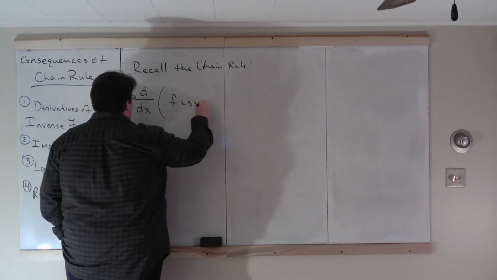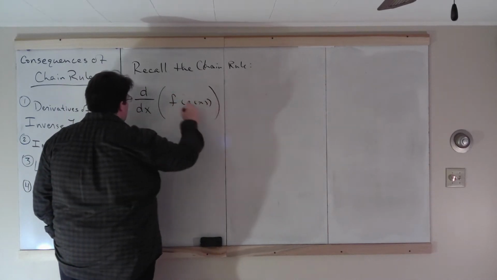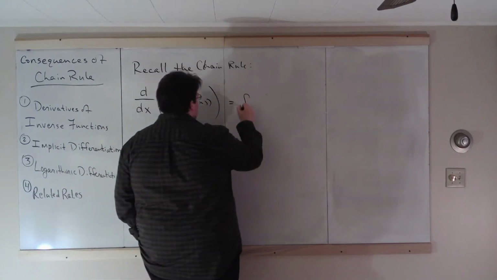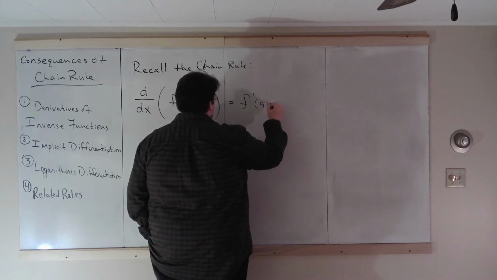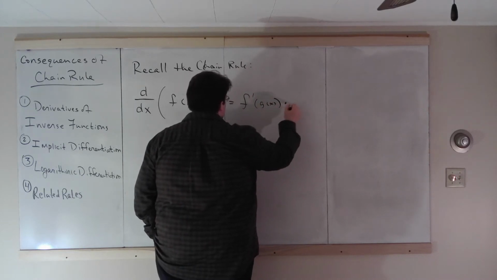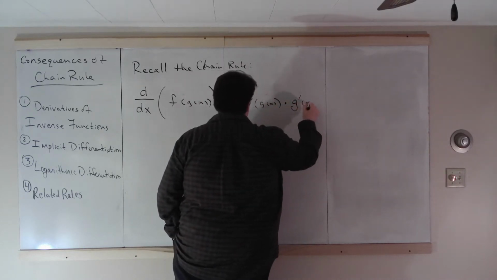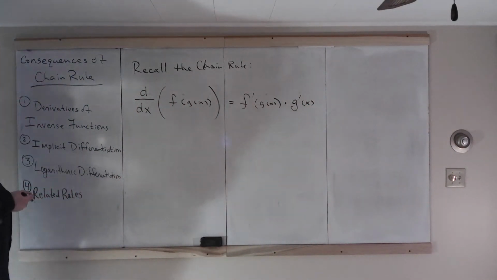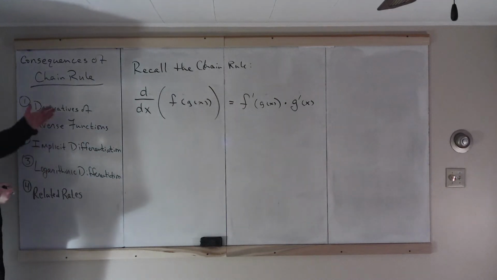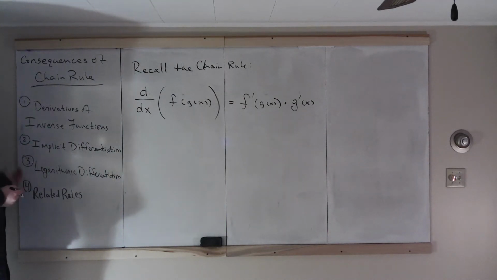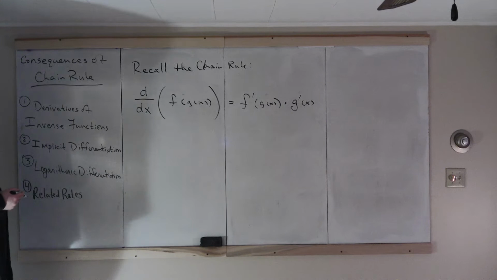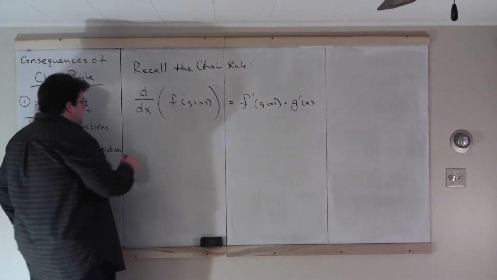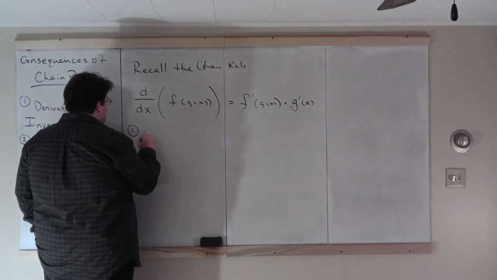The derivative of a composition of functions f of g of x equals f prime of the inside times the derivative of the inside. And something like that is going to show up in all 4 of these. In the first one, that notation is more convenient. For the second, third, and fourth, we'll probably stick with the fractional notation. But here we're going to look at how we can use this to find derivatives of inverse functions.